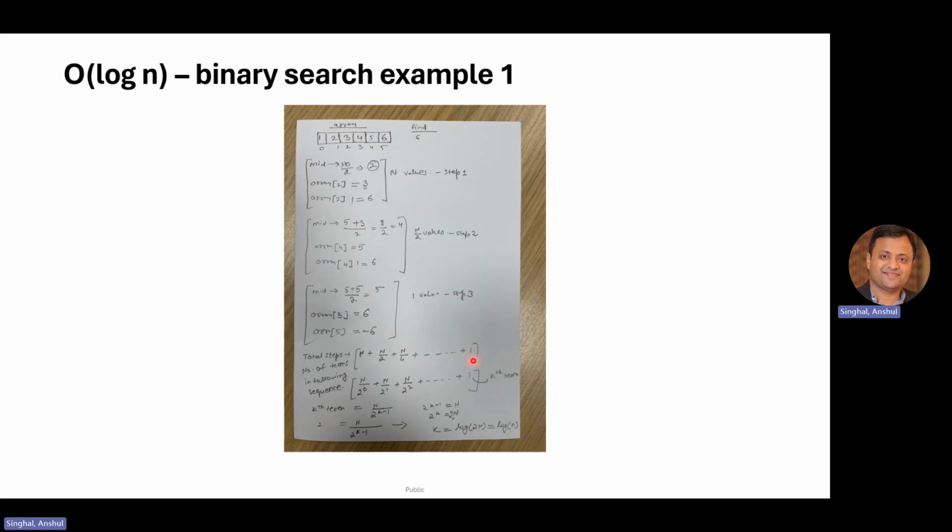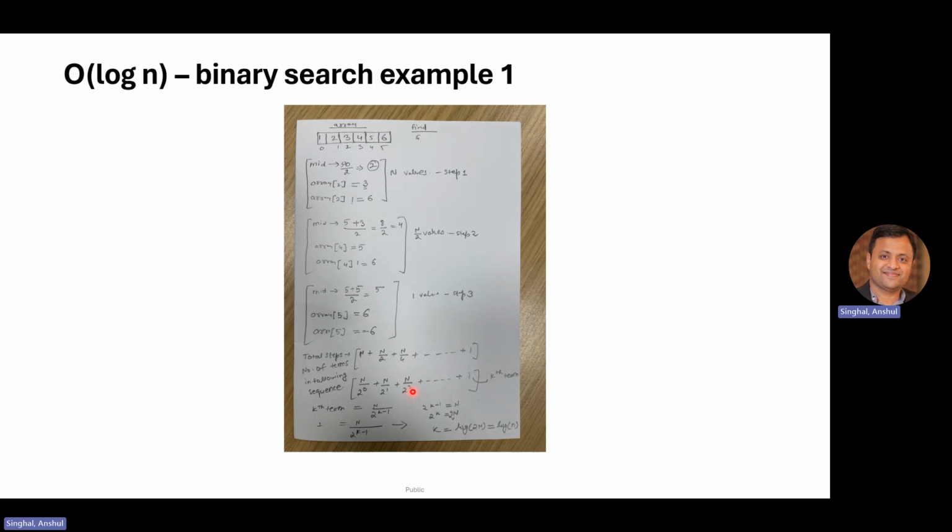But then how can I also write 1 like this? My first term is n by 2 raised to the power 0. Second term is n by 2 raised to the power 1. Third term is n by 2 raised to the power 2. So this is my third term.